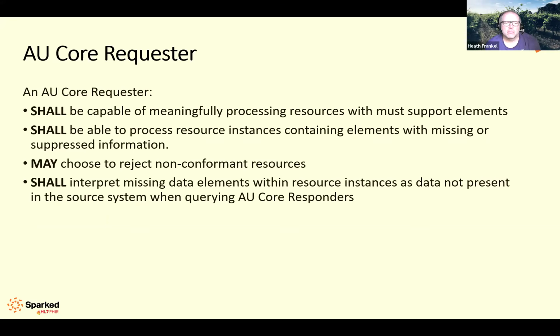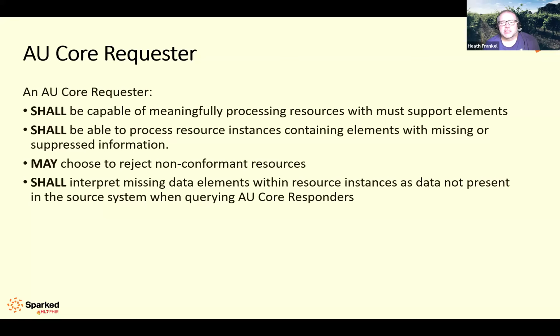No, it's actually talking about how it processes the response to the request. So yes, it's the requester role, but it's how they process the response to their request. Okay, so it's the requester saying, I'm making a request and this is what I can accept.